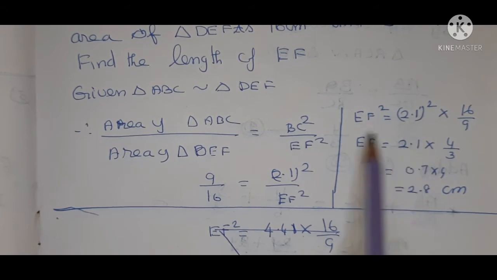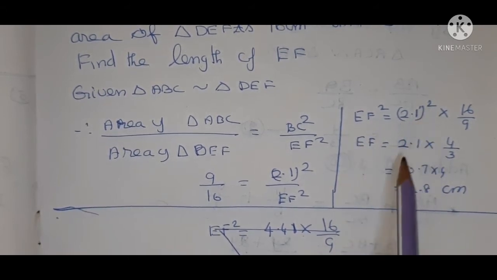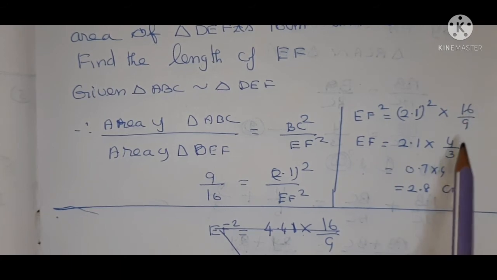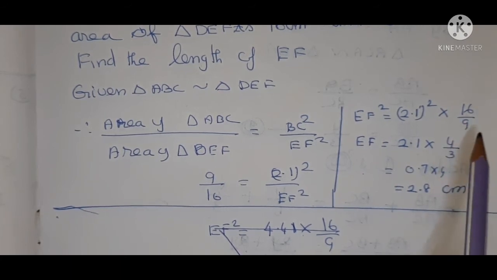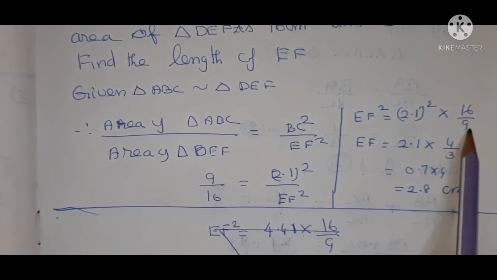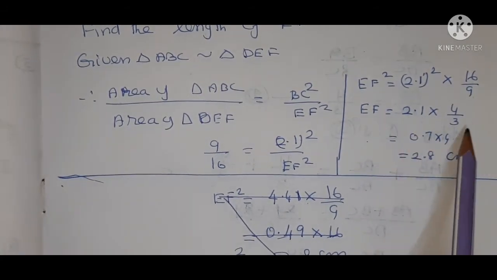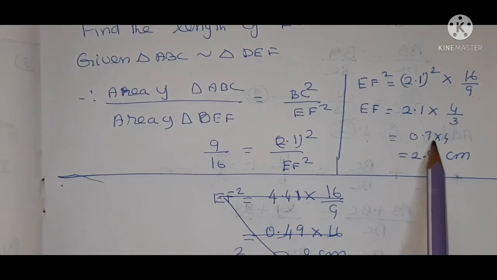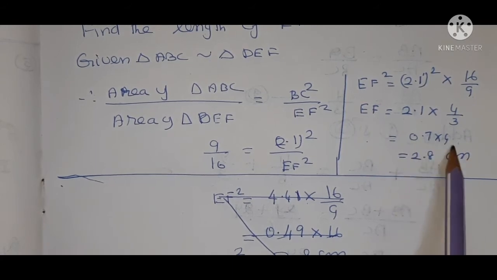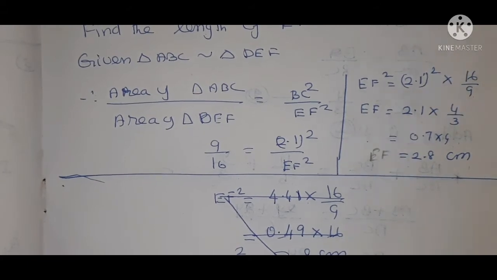Taking square root, EF is 2.1 into the square root of 16, which is 4, by the square root of 9, which is 3. 2.1 divided by 3 we get 0.7, into 4, 2.8 centimeter. Length of EF is 2.8 centimeter.